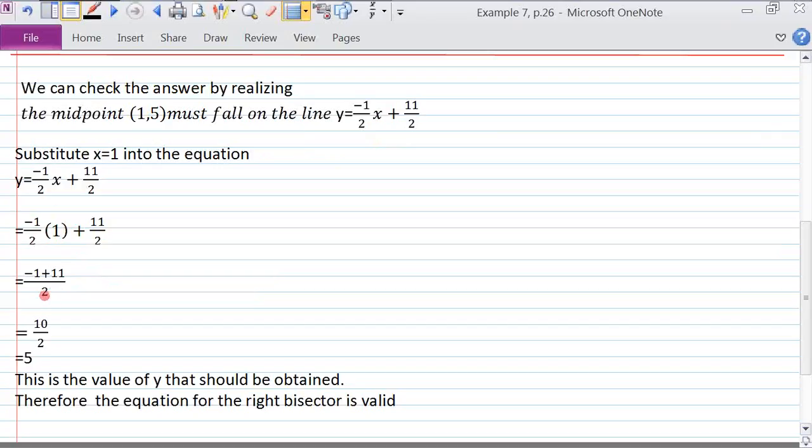Taking the common denominator as 2, we get minus 1 plus 11, which gives us 10. 10 over 2 is 5. That's what we should get. If we didn't have the right equation, we wouldn't get y equals 5 when x equals 1.